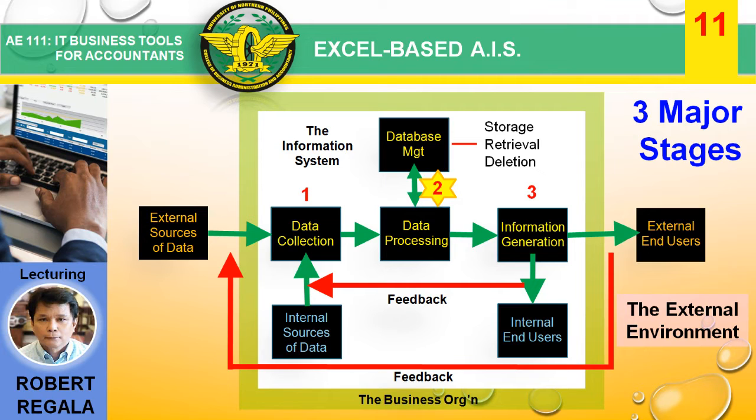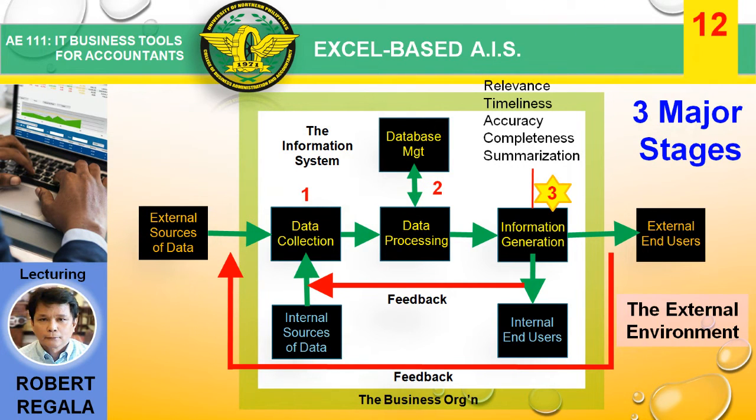Retrieval is the task of locating and extracting an existing record from the database for processing. After processing is completed, the storage task restores the updated record to its place in the database. Deletion is the task of permanently removing obsolete or redundant records from the database.